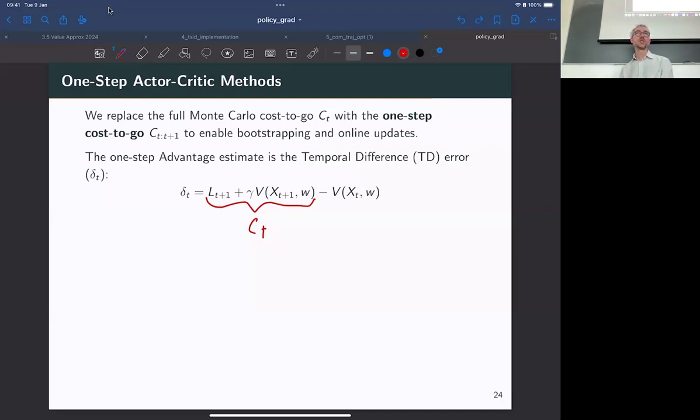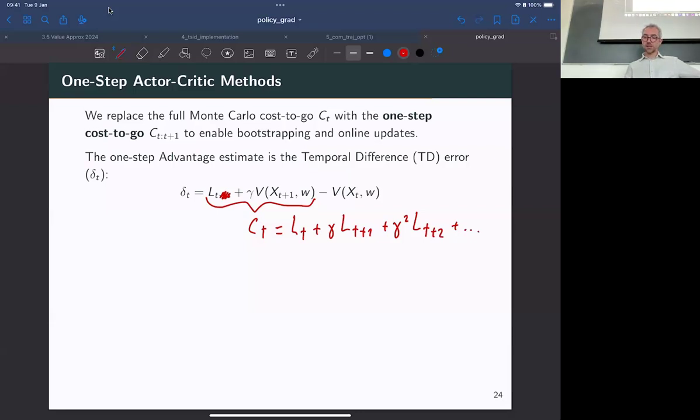Why is this better? I mean, to a certain extent. Do you see it? So the cost to go would be L of t, L of t plus discount L of t plus 1 plus discount squared L of t plus 2, and so on until the end.